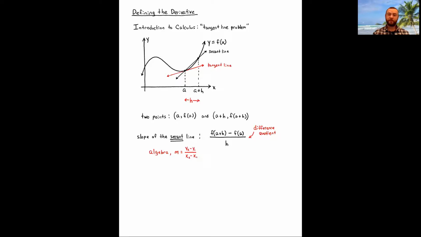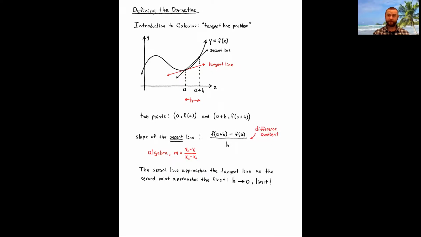And what we do is we let the second point get closer to the first. We can do that by letting the distance h between those two x coordinates get smaller towards 0. As h approaches 0, this is the concept of a limit as h approaches 0.